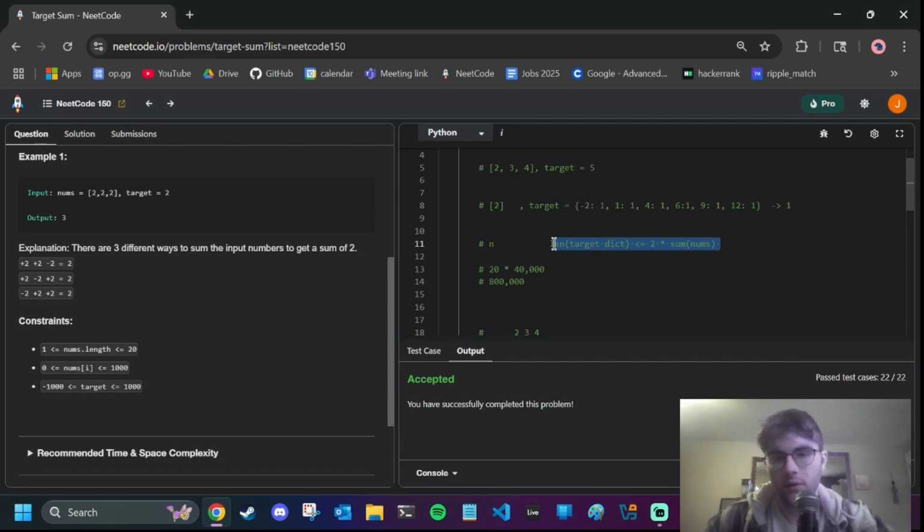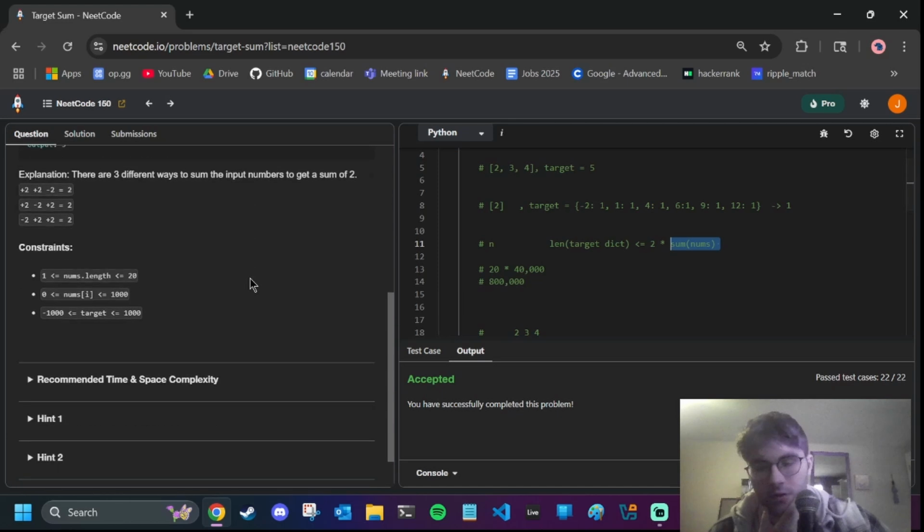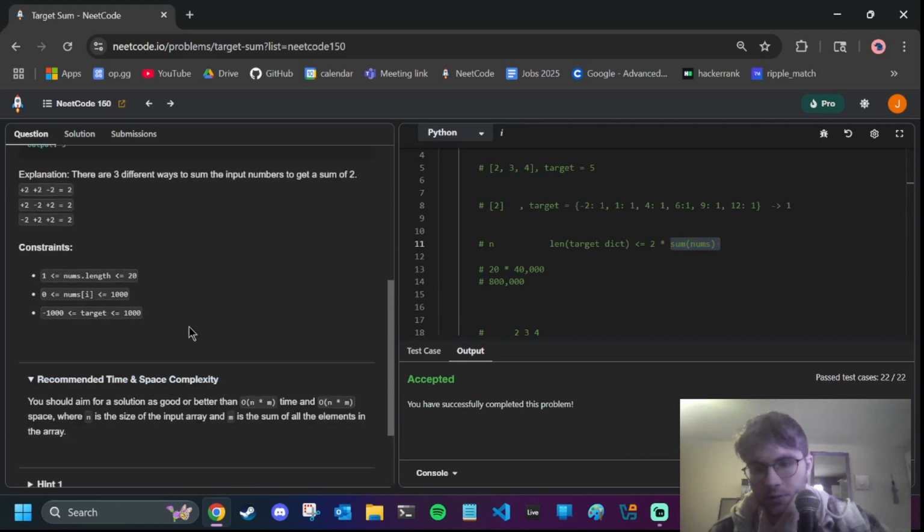It's strange to use the sum. Yeah, there's definitely a better way to do it, I know for sure, because I don't think relying on the sum being low is a good metric. Let's see what the recommended is.